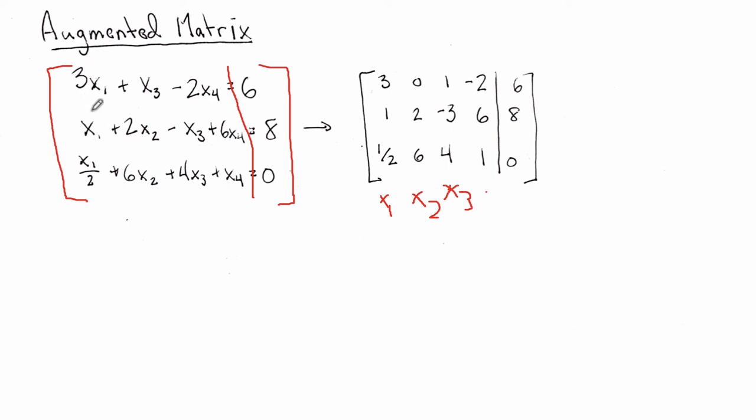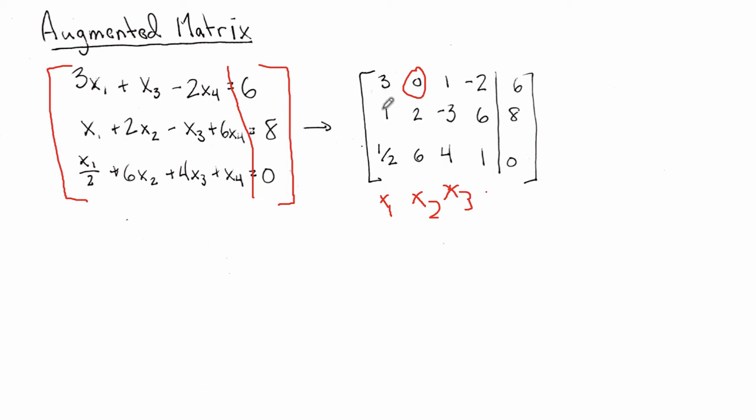One thing to be careful about, which you can often forget, is that there's no x2 up here. That doesn't mean that we can't make an augmented matrix. Anytime you don't have a variable, the implied coefficient is 0.